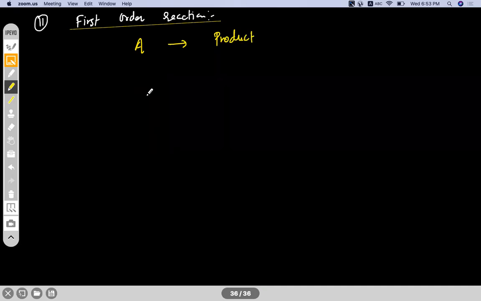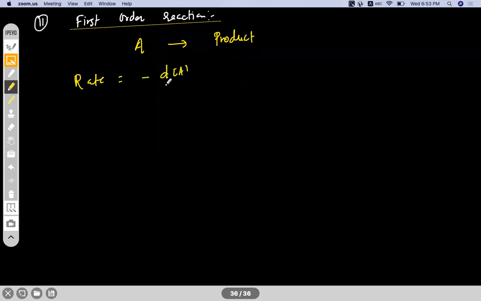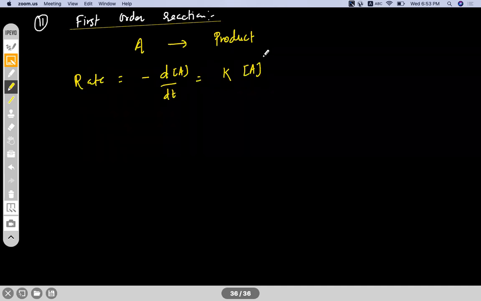So the expression would be what? We can simply write rate is equals to minus d concentration of A by dt, which is equals to the rate constant K into concentration of A at any time t to the power 1.